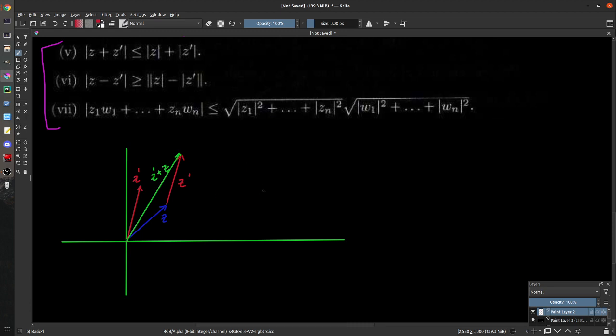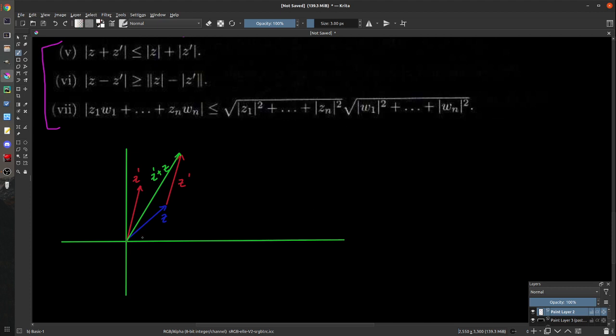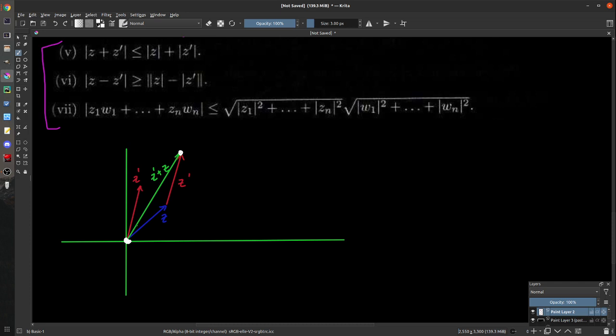That is, if you're going from down here to up here, it is definitely shorter to go along here, Z prime plus Z, than it is to go Z and then Z prime. See what I'm saying? Definitely a lot easier to see this visually with going down paths.